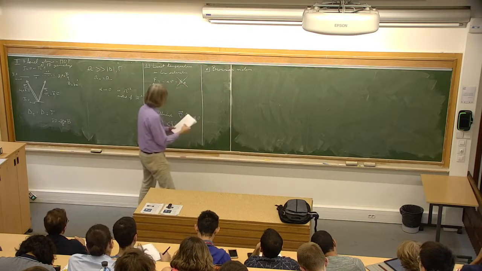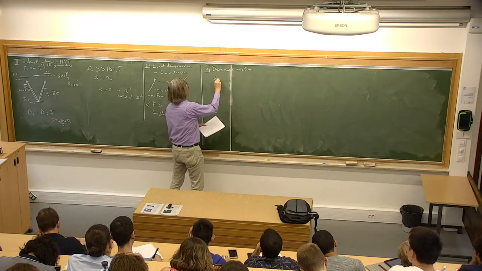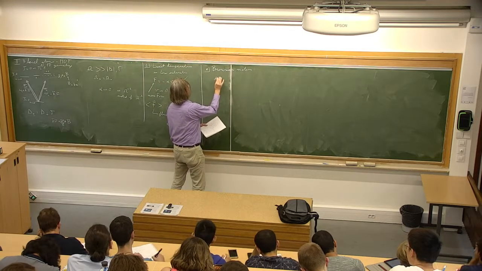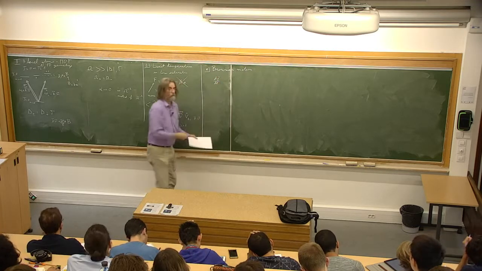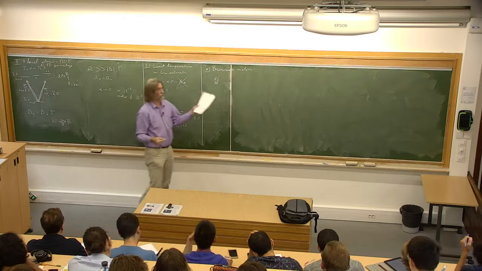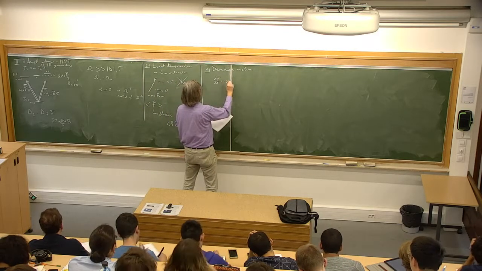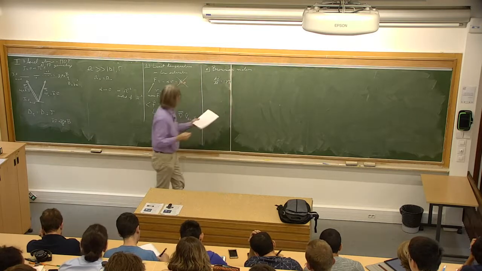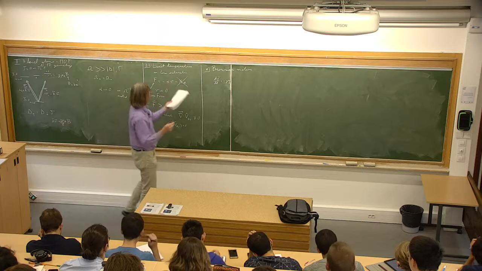So, in fact, in one dimension, the derivative of the momentum for one specific atom is just minus gamma p. This was the damping force.